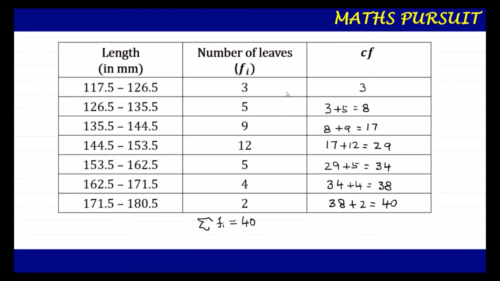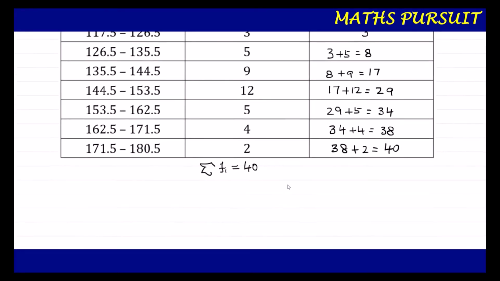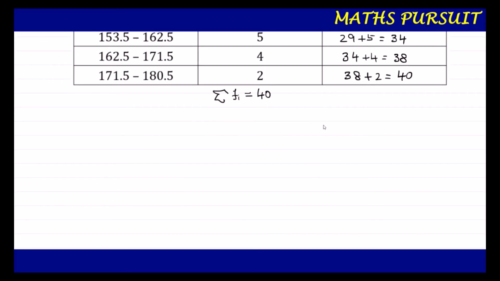Now guys, after doing our cumulative frequency calculation, let us move ahead and look once at the median formula, because we are going to calculate the median as per the question. So let us write down the median formula. Before answering the question, it is always advisable to note down the formula. Not only in statistics, in any of the questions we need to write the formula before we start.